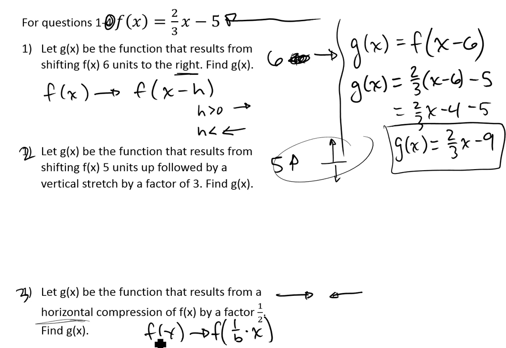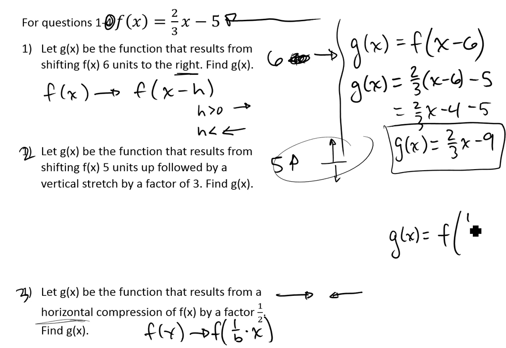So let's go ahead and follow this notationally here. g of x will equal f of 1 over b x.